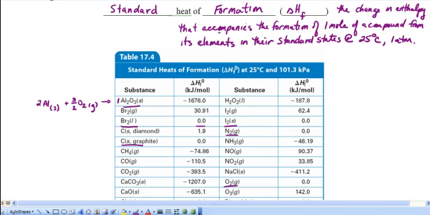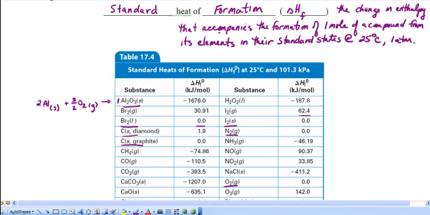However, to change carbon as a graphite to carbon as a diamond, it's going to require 1.9 kilojoules per mole of diamond formed. If you want to go from iodine solid to iodine gas, it's going to require 62.4 kilojoules of energy per mole of I2 gas formed.